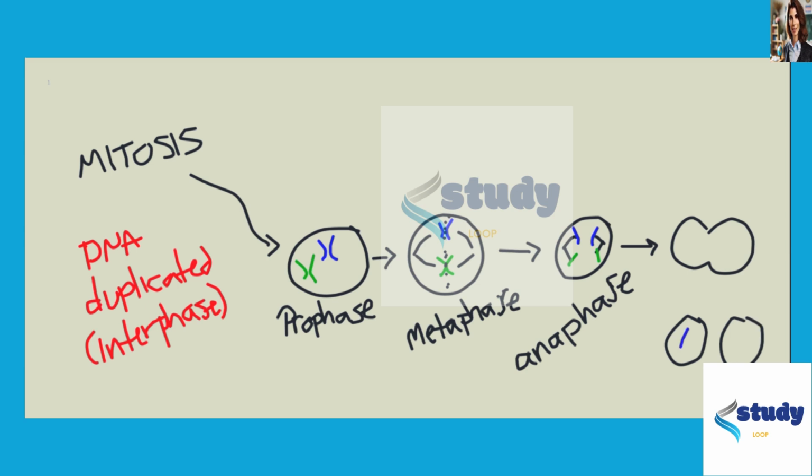So here we're going to have something like this, and this is occurring in telophase and cytokinesis, which often get lumped together depending on how involved your study material is. So telophase and, let's see if I have room here, cytokinesis.